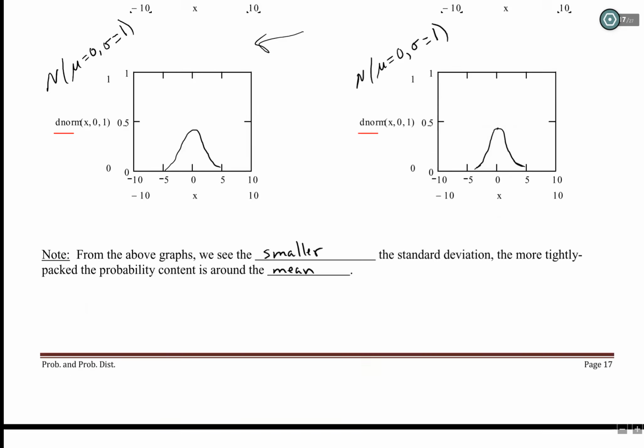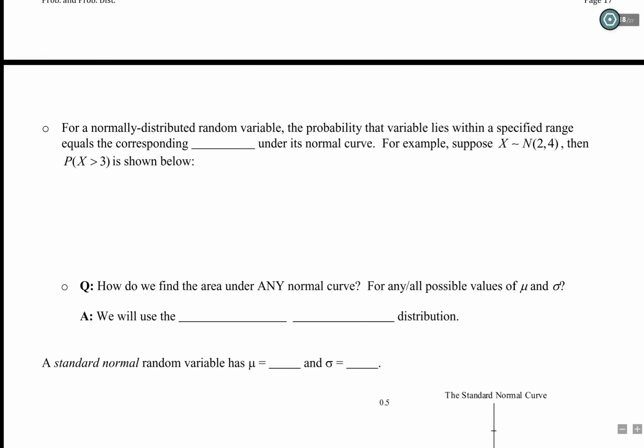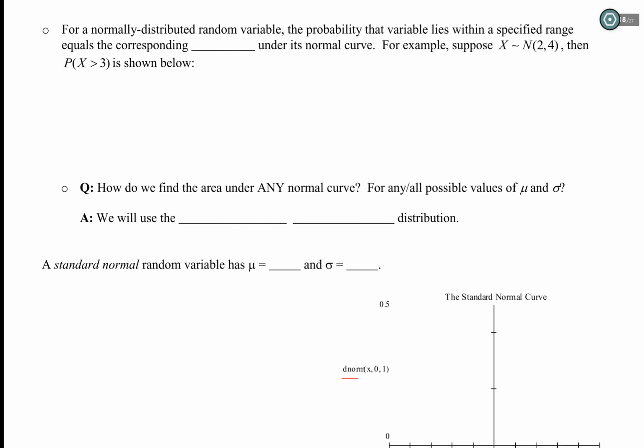So moving along here, normal distribution. For a normally distributed variable, the probability that the variable lies within a specified range equals a corresponding area under its normal curve. So suppose that x is distributed normal with a mean of 2 and a standard deviation of 4. Then the probability that x is greater than 3 can be shown through this picture here.